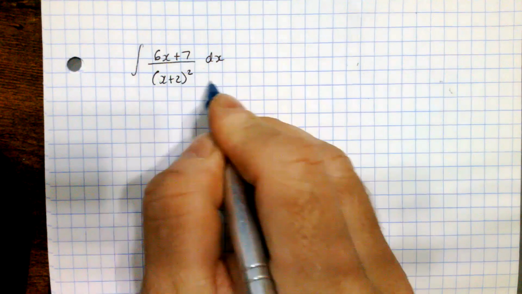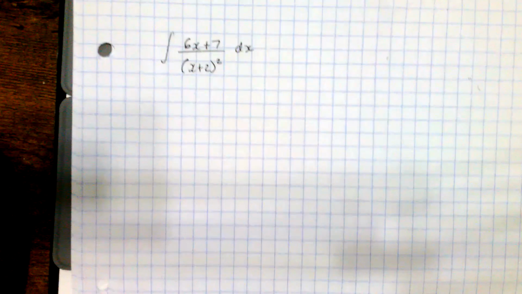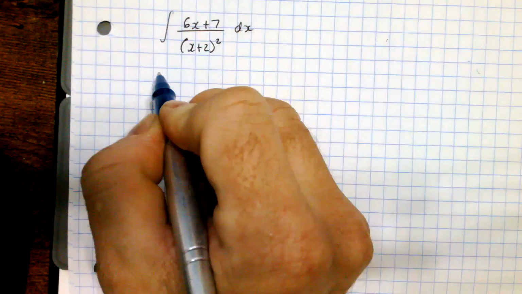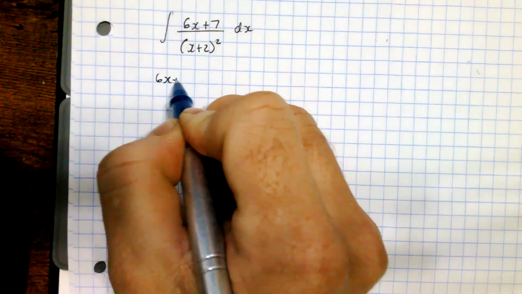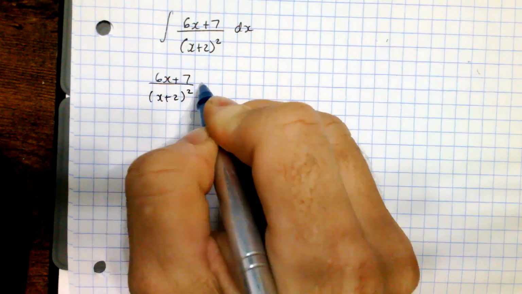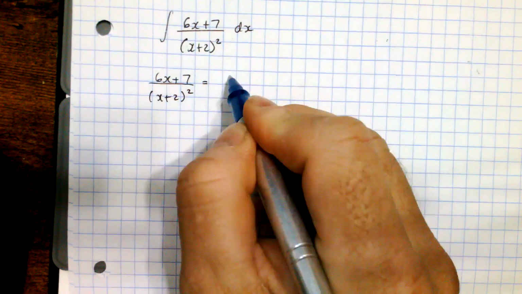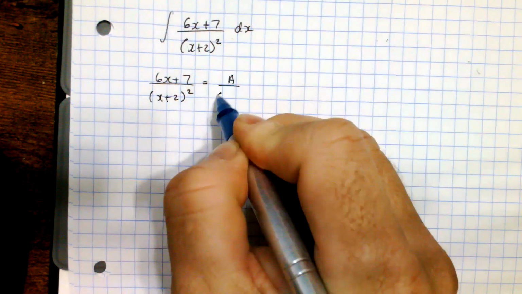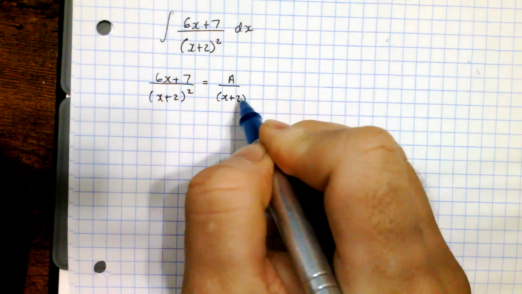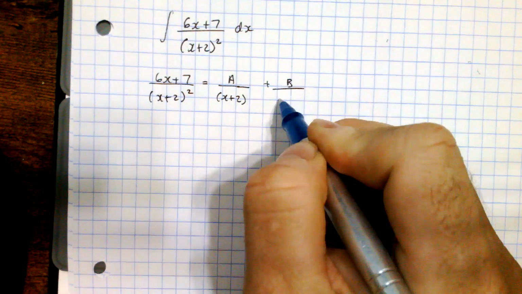So I'm going to ignore the integral for a second and just focus on writing out the partial fractions. So I'm going to write it as x plus 2 squared. When you have a repeated root like this, what you need to do is consider the case of a single root, but then also take into account the fact that that root may be repeated.